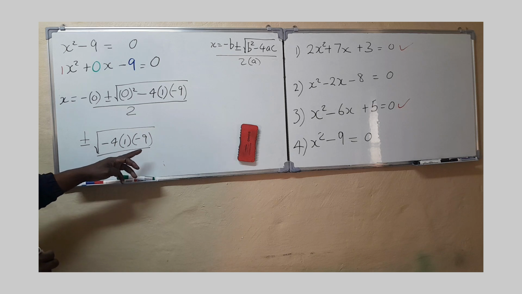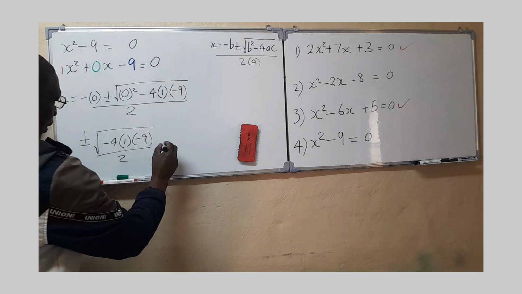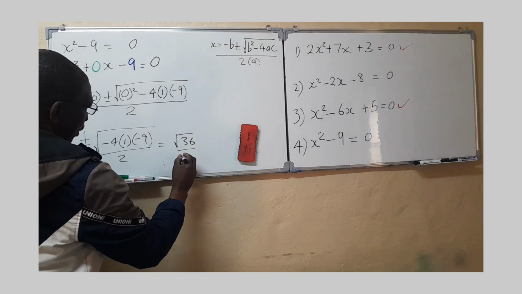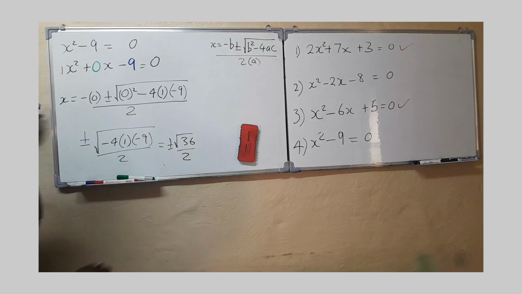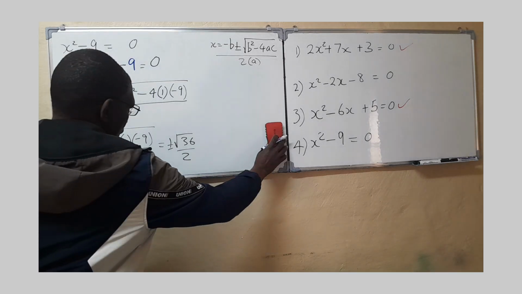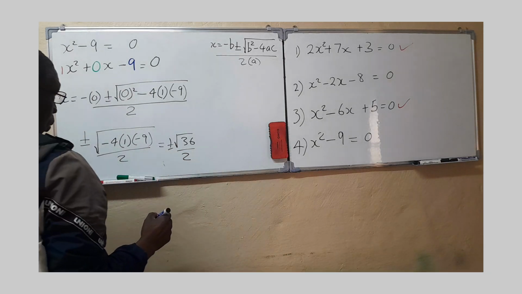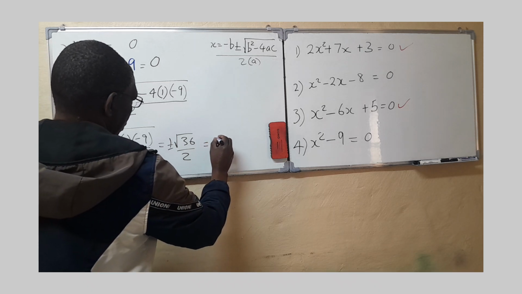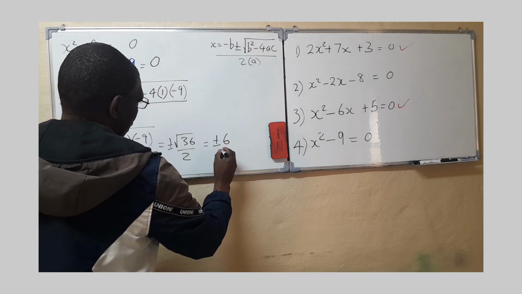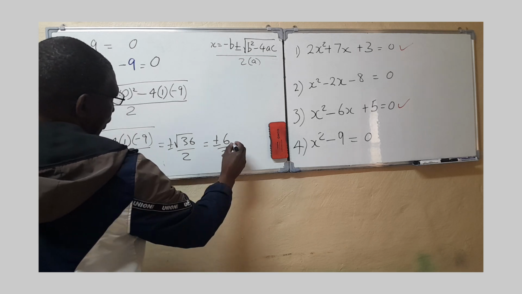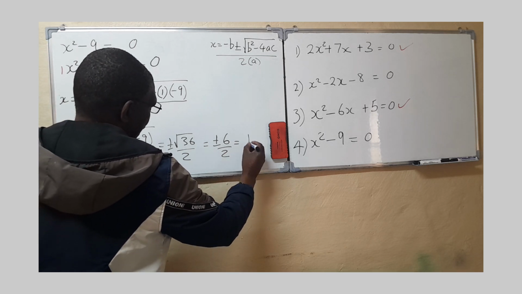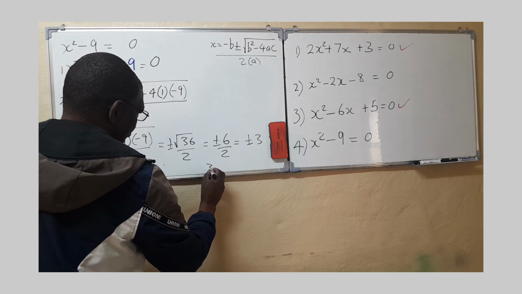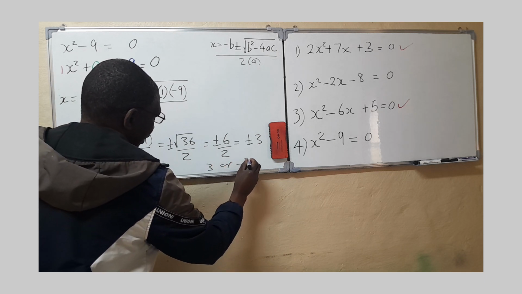Minus 4 times minus 9 is 36, plus 36. So this is plus or minus the root of 36 divided by 2. The root of 36 is just 6. So this is equal to plus or minus 6 over 2, which is equal to plus or minus 3. So one root is 3, the other one is minus 3.